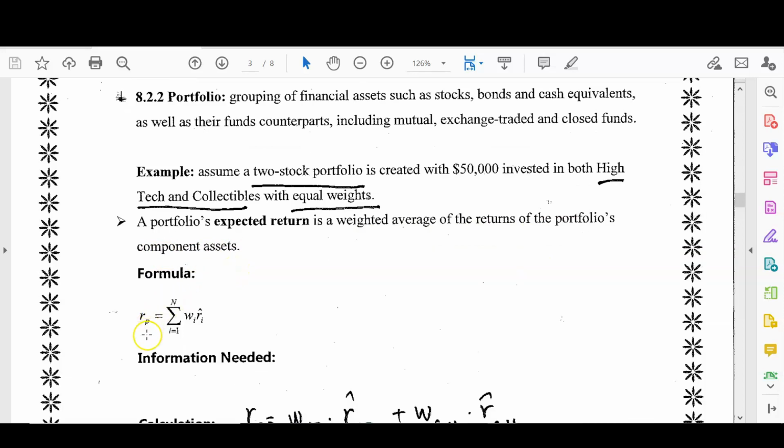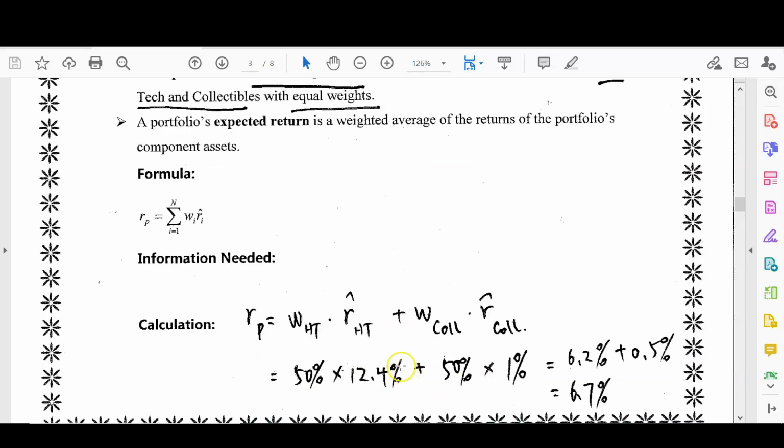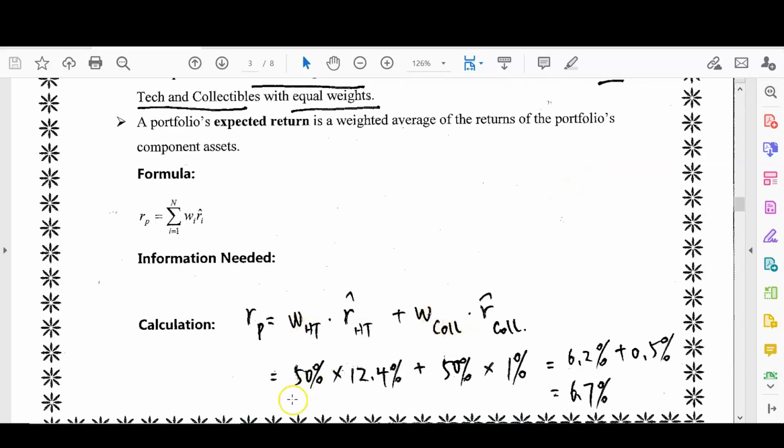Okay, so the RP, portfolio expected return, equals the weights for each asset, WI, for asset I, multiplied by RI, the expected return of each asset I, add them up. So here, if we want to know the return of this two-stock portfolio, we have to use the weight for both high tech and collectibles multiplied by the expected return of high tech and collectibles and add them up. And we already know that these two stocks are equally weighted, so the two weights are 50% and 50%.